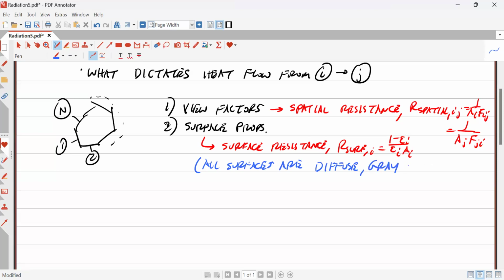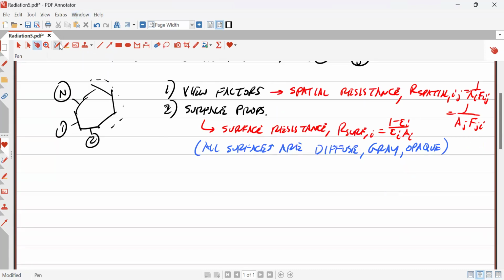Gray, which means that you have a value of a surface property, say emissivity, epsilon, that is independent of wavelength. And one that I'll throw in there, that should be pretty clear, but just to make it official, is opaque. In other words, there's no transmission through the surface. It only reflects or is absorbed.